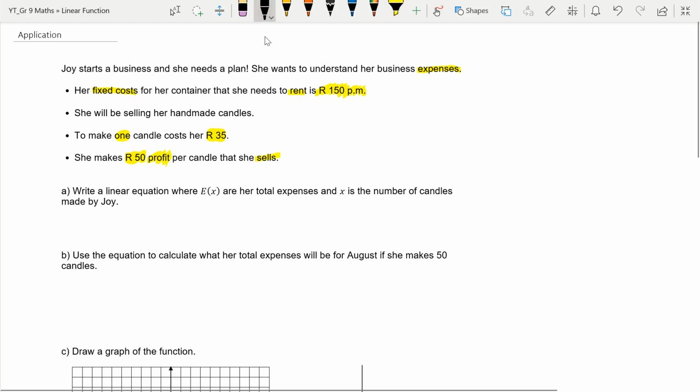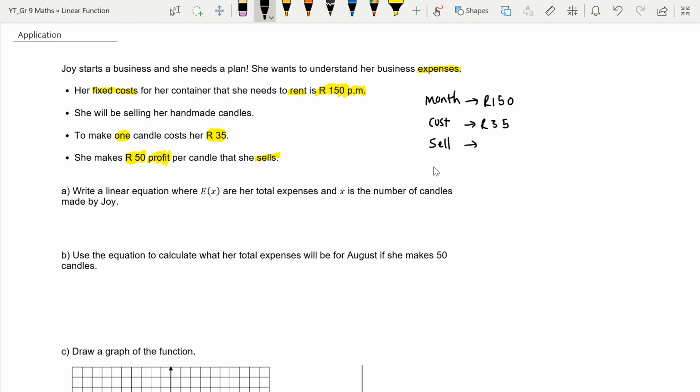Okay, so far we know that every month she has to pay a fixed cost of 150 Rand. We know that the cost to make a candle would be 35 Rand. And now we need to figure out what is the selling price of the candle if the profit that she is making is 50 bucks.